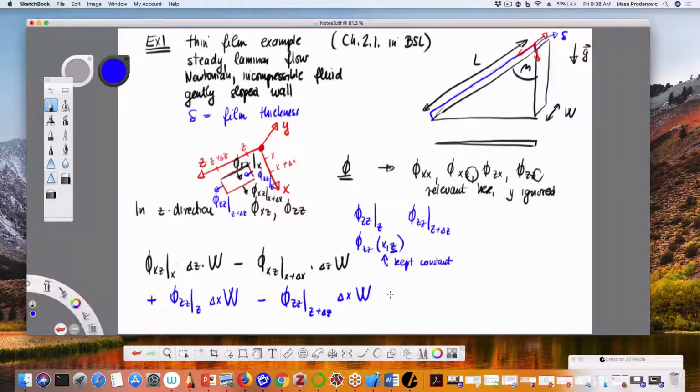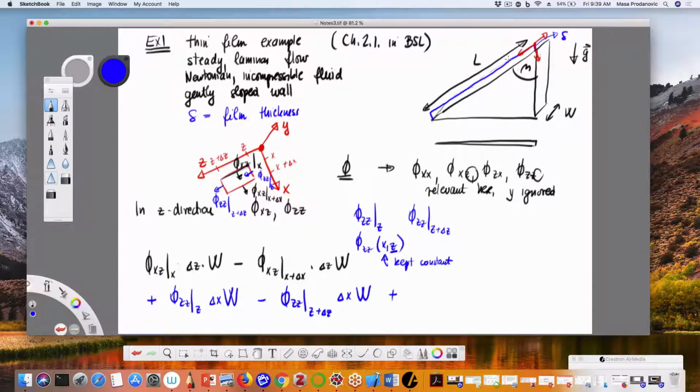Cool. So now in that shell balance, this is basically my z momentum. Now I also need to do z direction forces acting on the system, and we have gravity, right? It's just that I have to project gravity down this slope. So basically I'm going to have the density of the fluid times the projected gravity and the volume of the element.